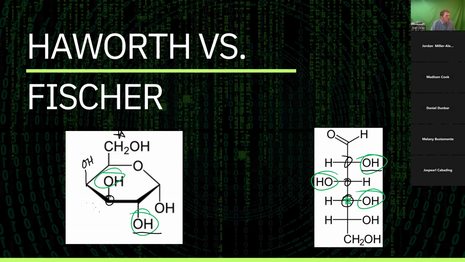Carbon number 4, on this structure it's going up, and on this structure it's going down. So that's where our difference is. That means that this is the C4 epimer of this, or vice versa. And what I mean by that is you could say that this molecule is the C4 epimer of galactose.